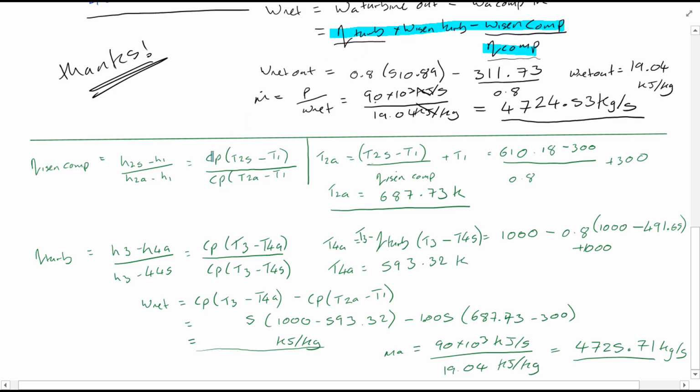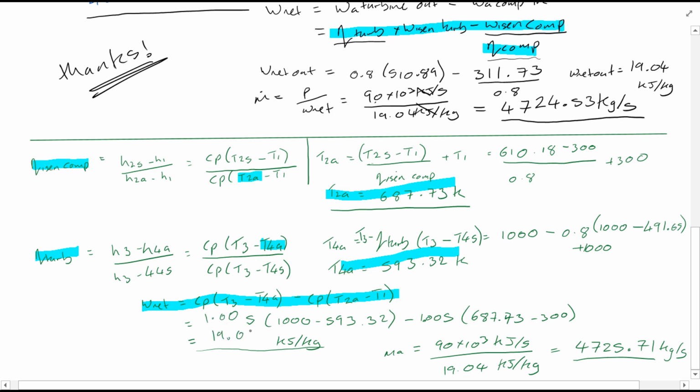When I originally solved this, I used the equations given in the data sheet to find the values of T2A and T4A, and I found them here, and then I plugged them into the equation for W net, which is shown there, which gave me a value of 19.04 kilojoules per kg for W net, and then I plugged this into the equation and I found a value of 475.74.